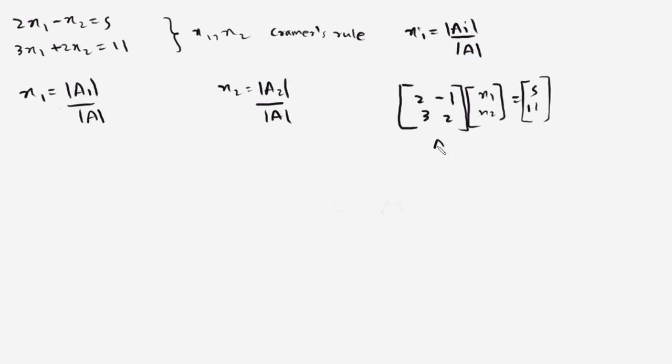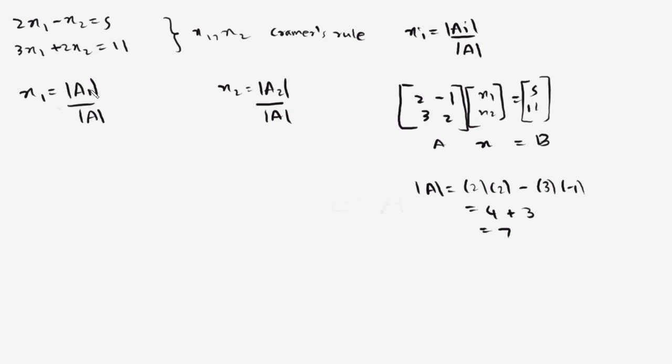So this will be A, this will be X, this will be B, a column matrix. So the determinant of A we can write as 2 times 2 minus 3 times minus 1, then 4 plus 3, which is 7. So now we know the determinant of A.